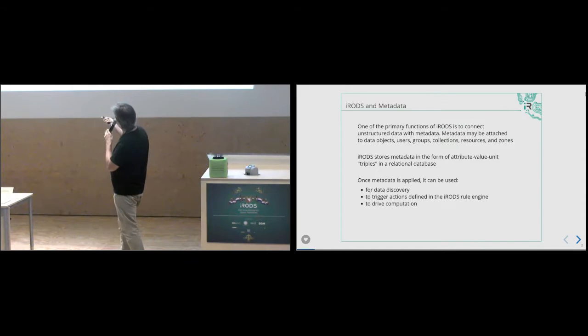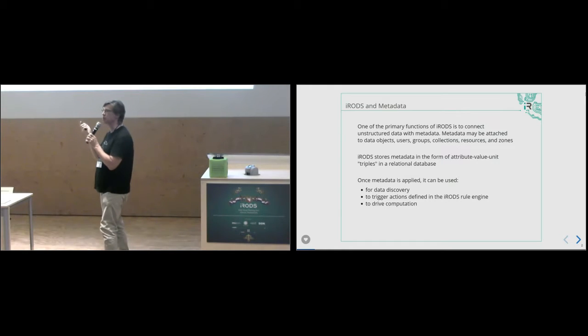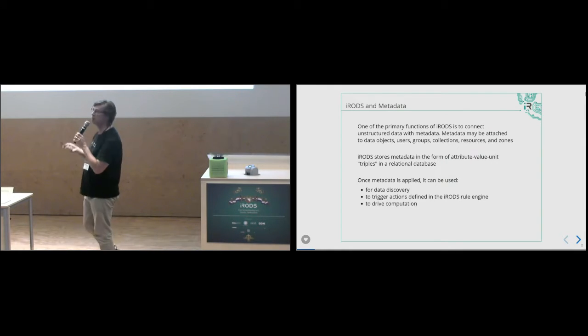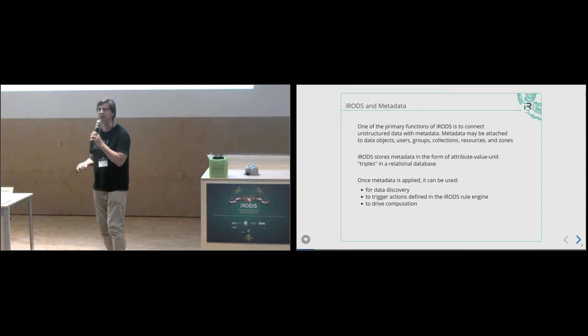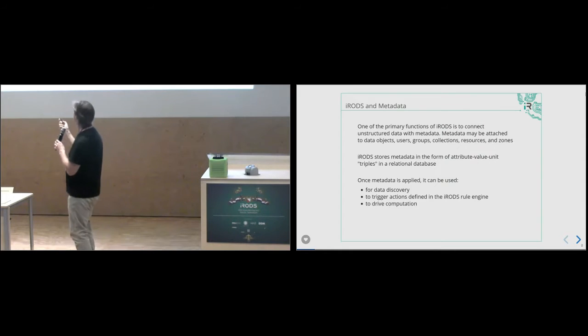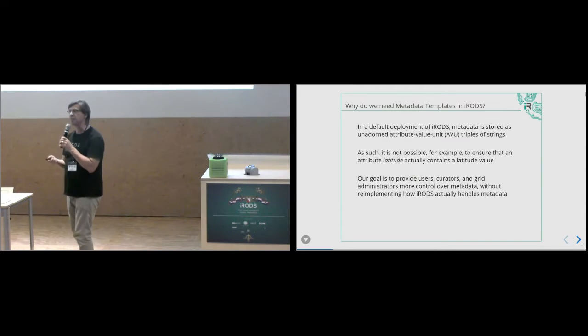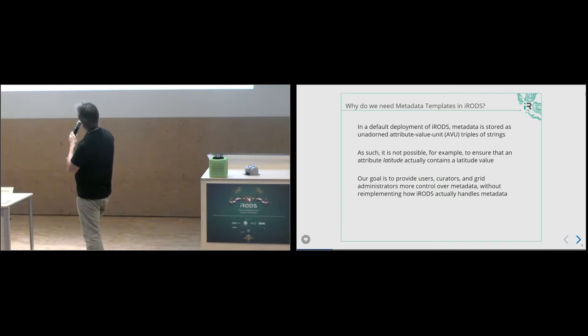We store metadata as just a bag of AVUs, and we want to use metadata for things like data discovery. We also want to use metadata templates to trigger actions in the rule engines or through pieces of analyses to drive computation to derive new metadata to apply to data sets. That's the scope of what metadata templates are trying to accomplish.